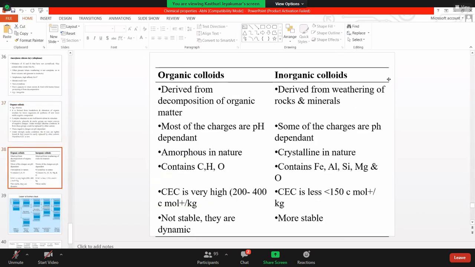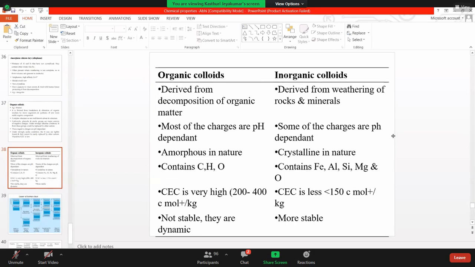So this slide is very much important. Okay, comparison between organic and inorganic. Inorganic colloids are formed due to weathering of rocks and minerals, and organic due to decomposition of organic materials. In organic colloids, most of the charges are pH dependent, and in inorganic, only some charges are pH dependent. Inorganic colloids have a fixed shape, crystalline in nature, and organic colloids don't have shape; all are amorphous in nature.